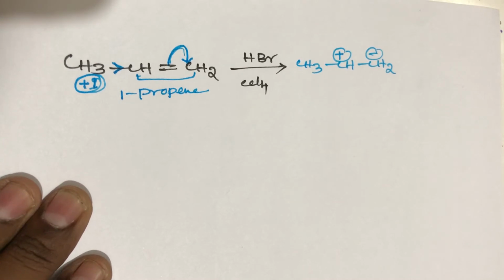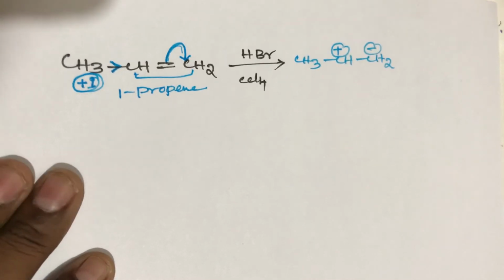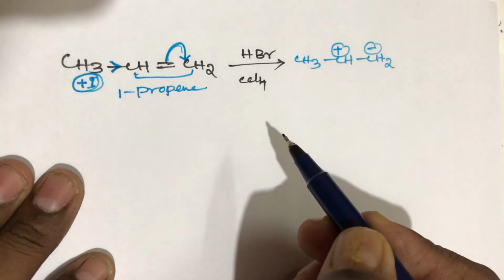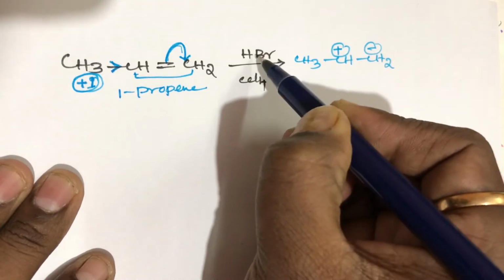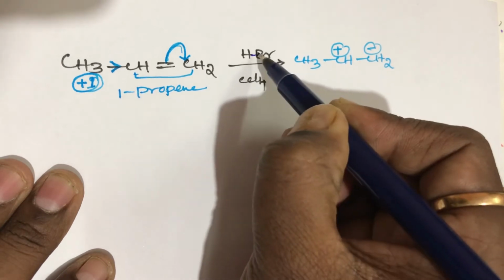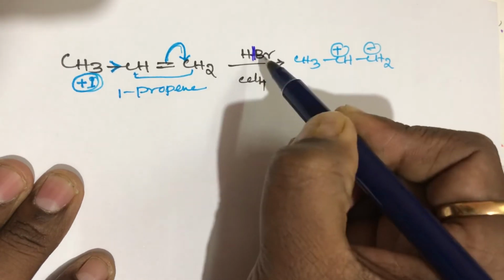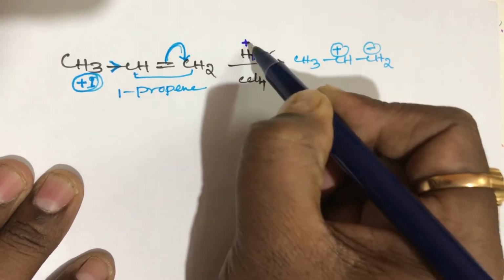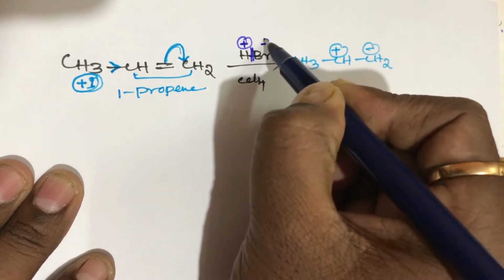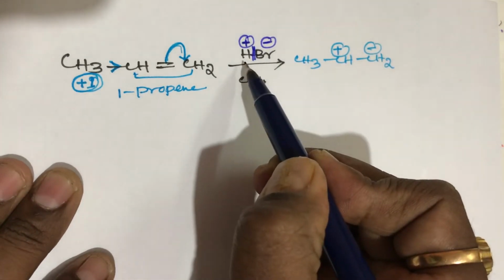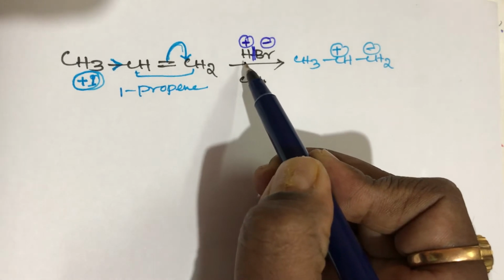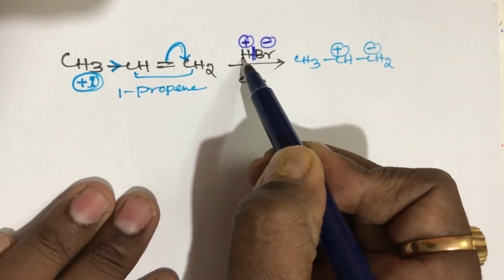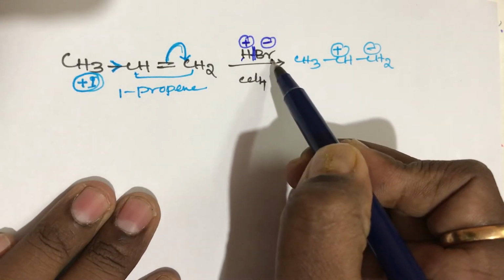So, what is the electrophile here? In HBr, there is one bond, and this bond breaks: the hydrogen gets a positive charge and bromine gets a negative charge. This positive species is called the electrophile and this negative species is called the nucleophile.